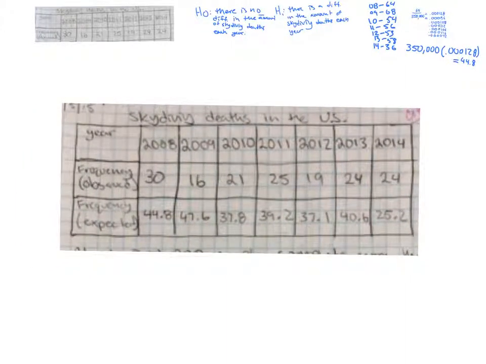After you do that, you'll take each value and put them into the expected row for the chart. And that'll look like this. So you'll have the values you just calculated, and you'll put them in the frequency expected.